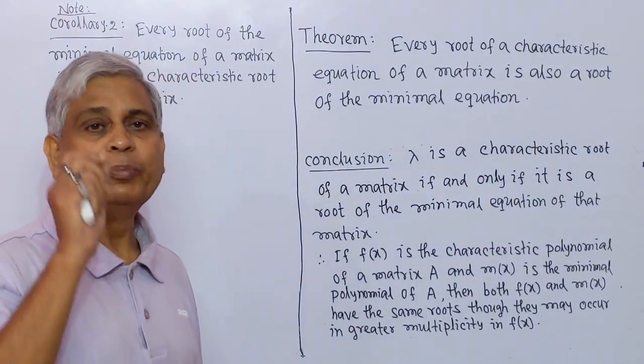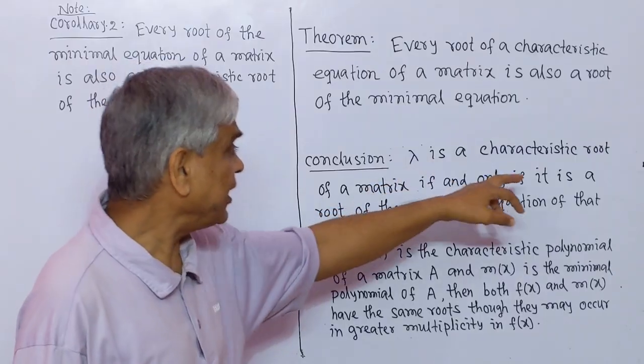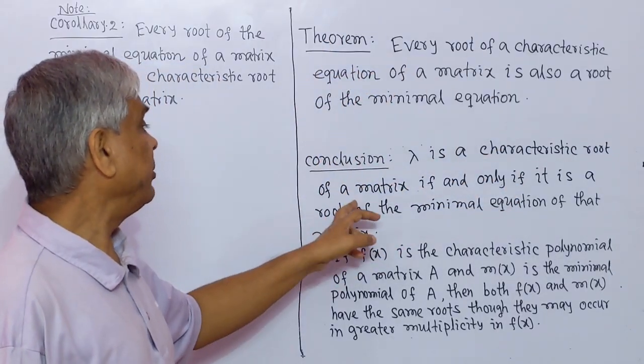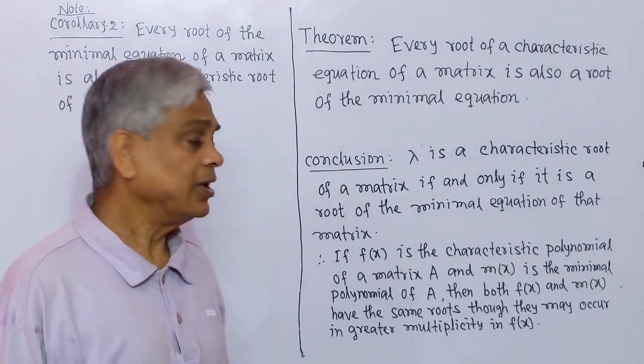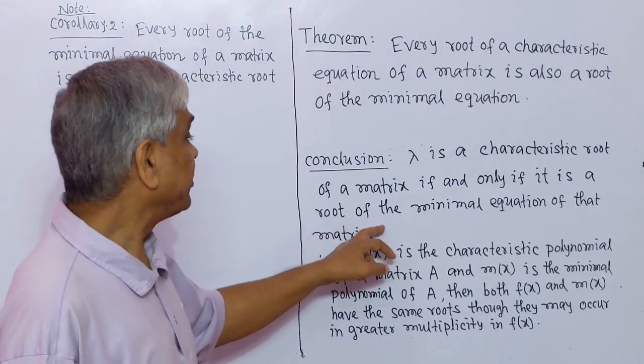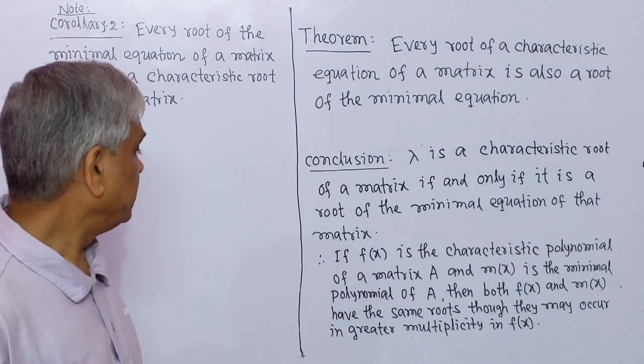Then we may conclude that lambda is a characteristic root of a matrix if and only if it is a root of the minimal equation of that matrix.